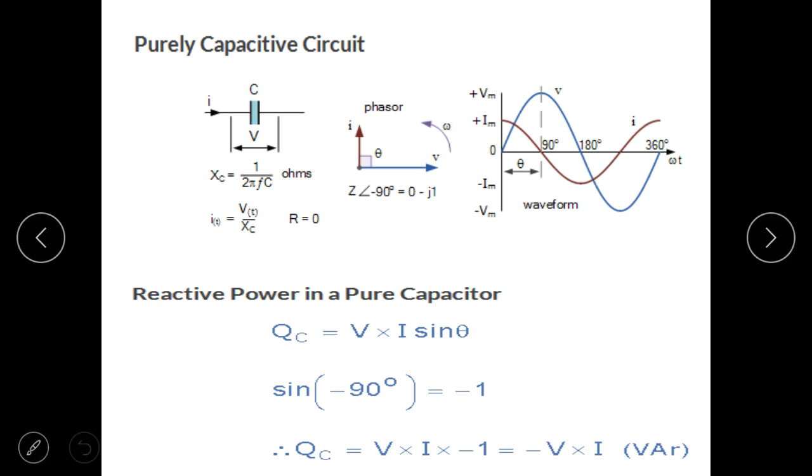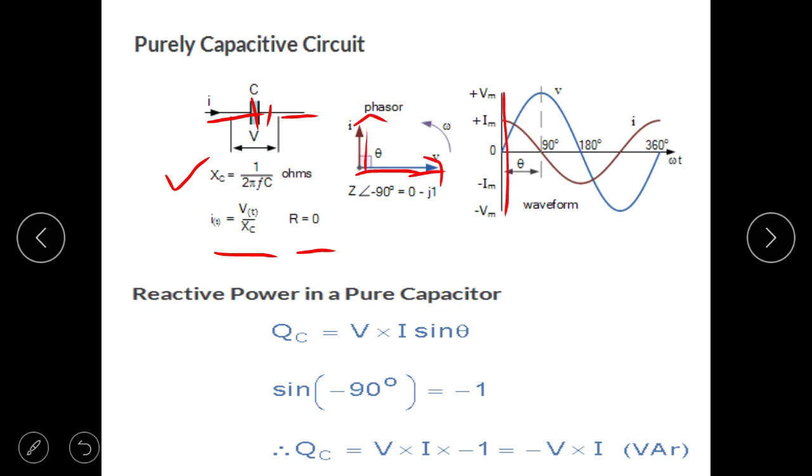Similarly, in a pure capacitive circuit, we apply a voltage V. Reactance of a pure capacitor is Xc, that is 1 upon 2 pi Fc, and current I is equal to V upon Xc, R is equal to 0. In a pure capacitor, current is leading by 90 degrees.